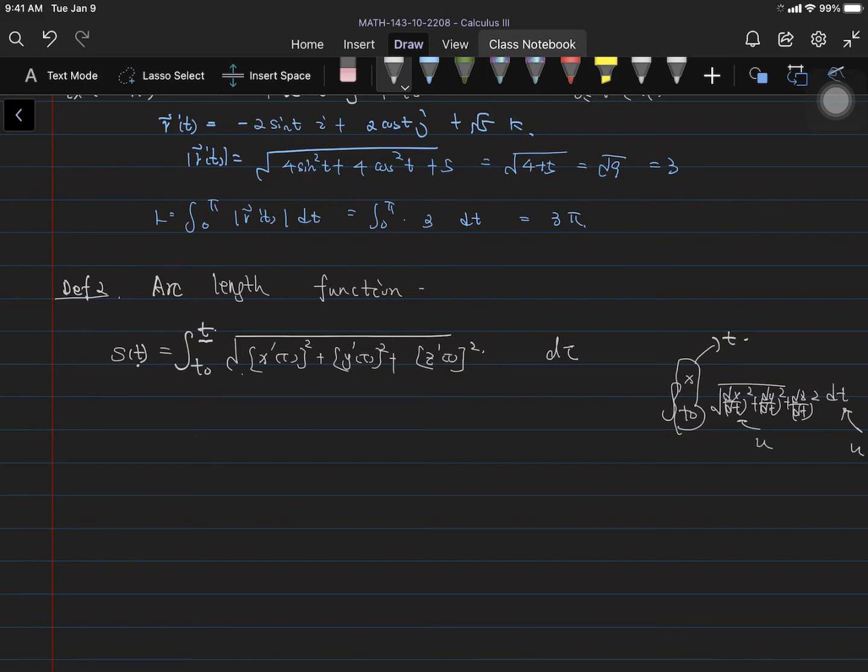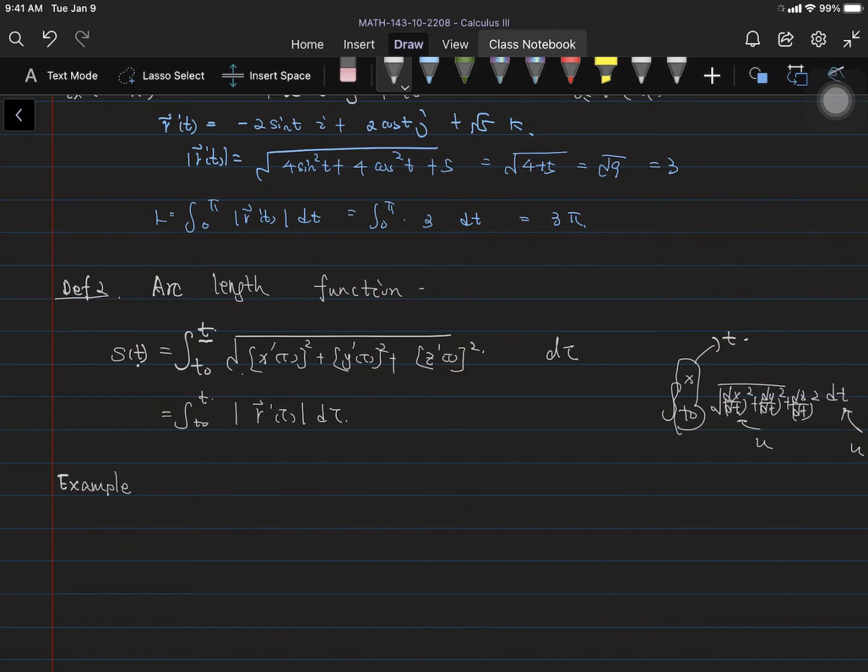Here we just use tau. Now let's take a look at the formula. The formula we can also write as t naught to t, the same thing, the length of r prime tau d tau.